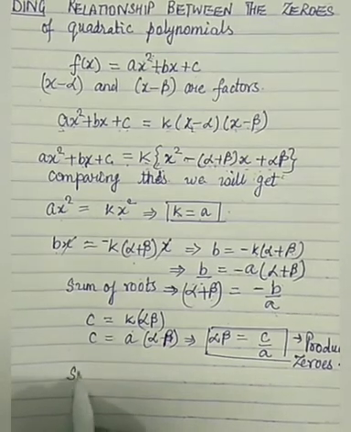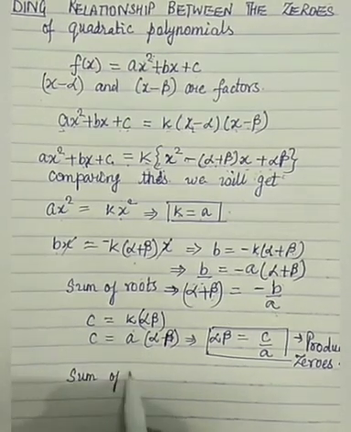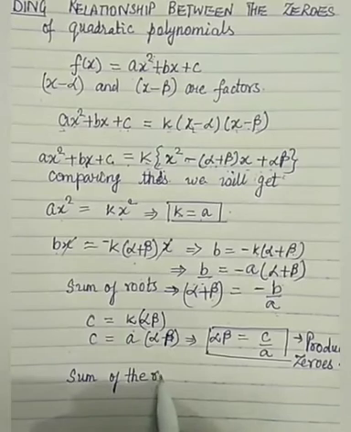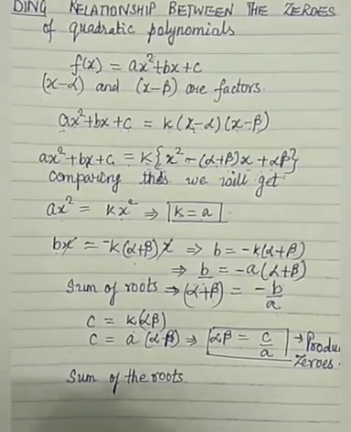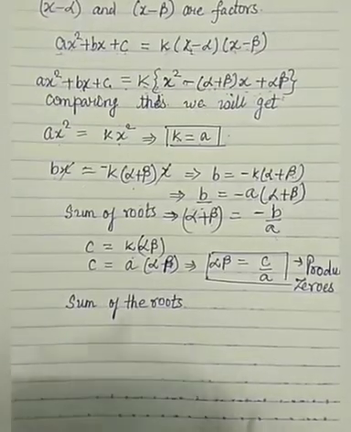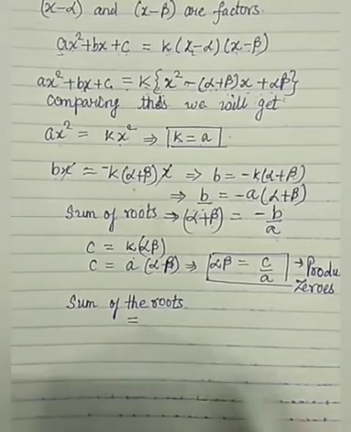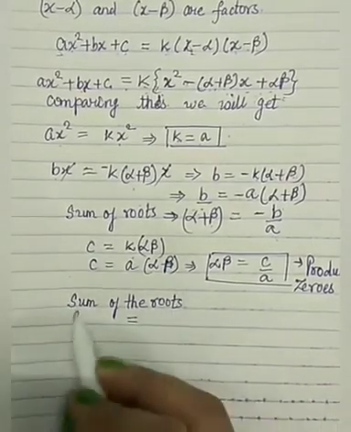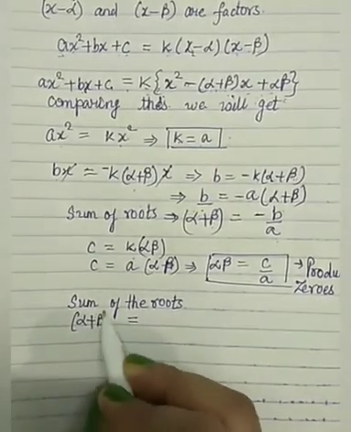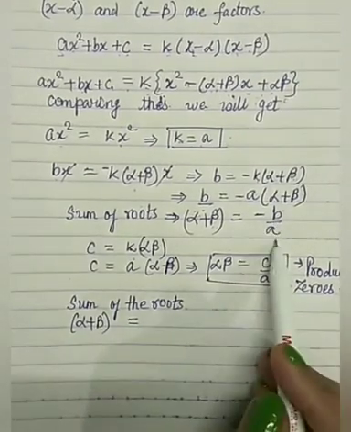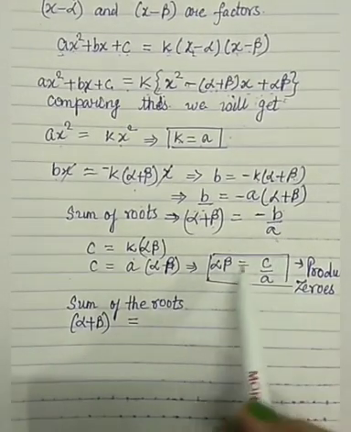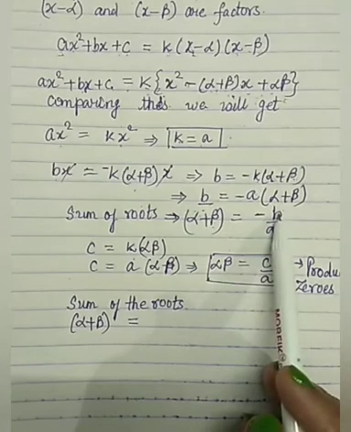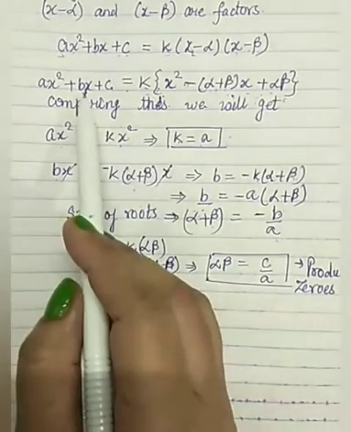This shows that the sum of the roots, which is alpha plus beta, is minus b by a. B is the coefficient of x, as you can see here.